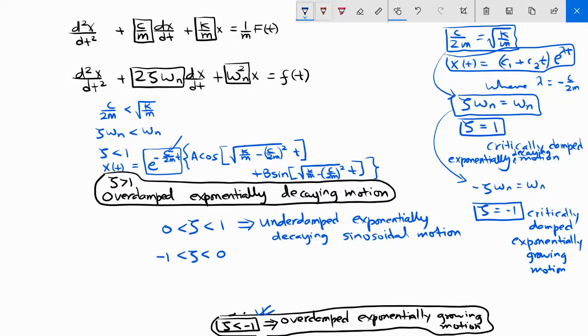But when zeta is between negative 1 and 0, we get underdamped exponentially growing sinusoidal motion. So in this way, depending on the value of zeta, the oscillating system may show different types of behavior. Now let us summarize our results in one table.